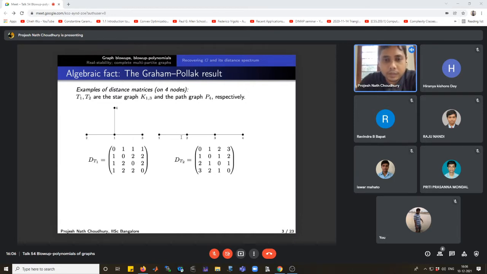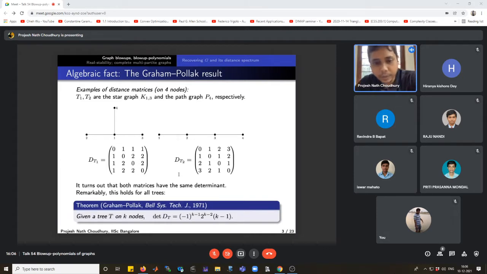it turns out that both the matrices have the same determinant, and this is a result by Graham and Pollack, who proved in 1971 that the determinant of the distance matrix of a tree on n nodes is a function of n, and it's independent of the tree structure.